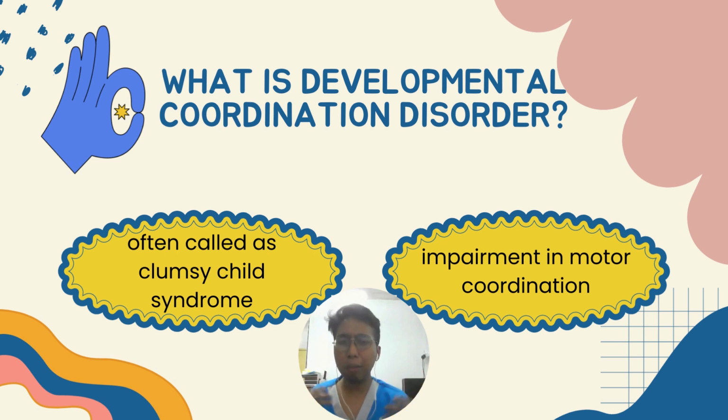If they have impairment in motor coordination, they can't even do tasks at school such as writing, kicking a ball, and so on. And because of that, they build frustration towards completing the task, and they think that they can't even do it, and they themselves become disruptive.